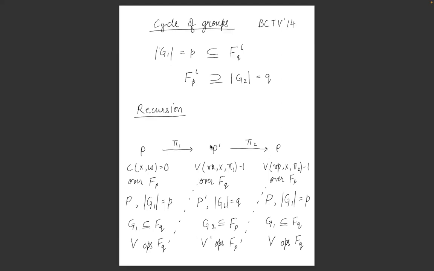So now, since we use the second group G2 for the outer proof system, the verifying circuit is just over FQ.